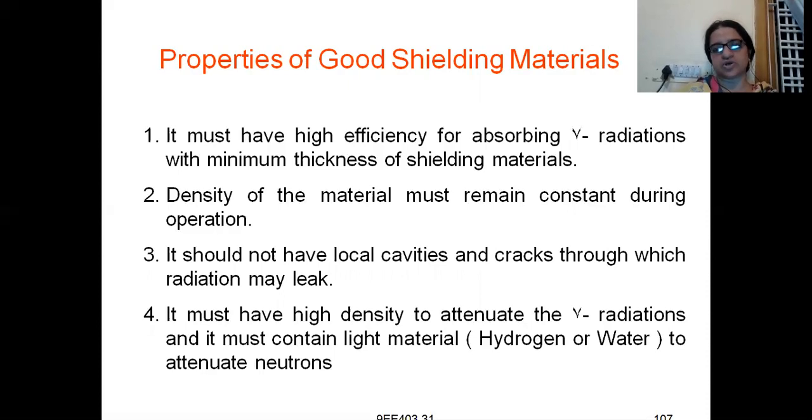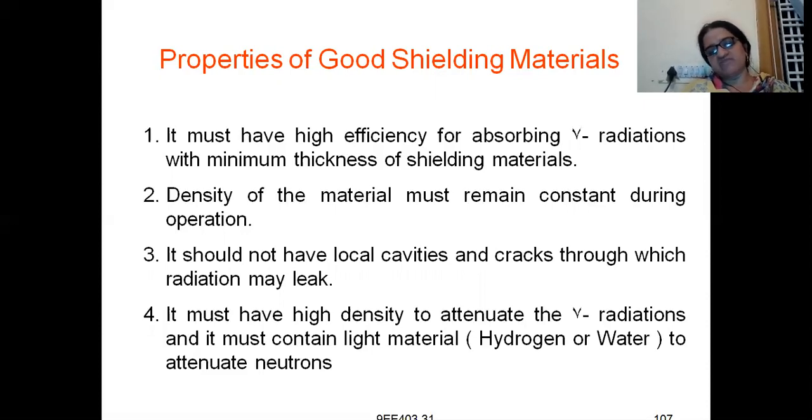Next, it should not have local cavities and cracks through which radiation may leak. If the shield has any cracks or cavities, there is a chance that radiation might leak.